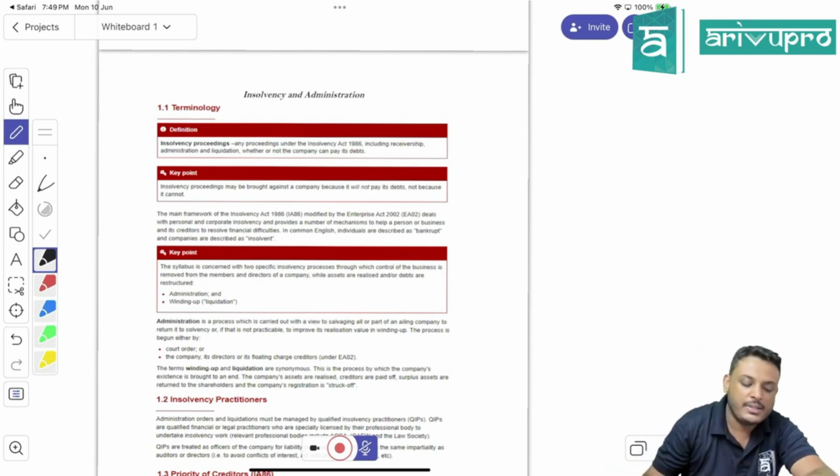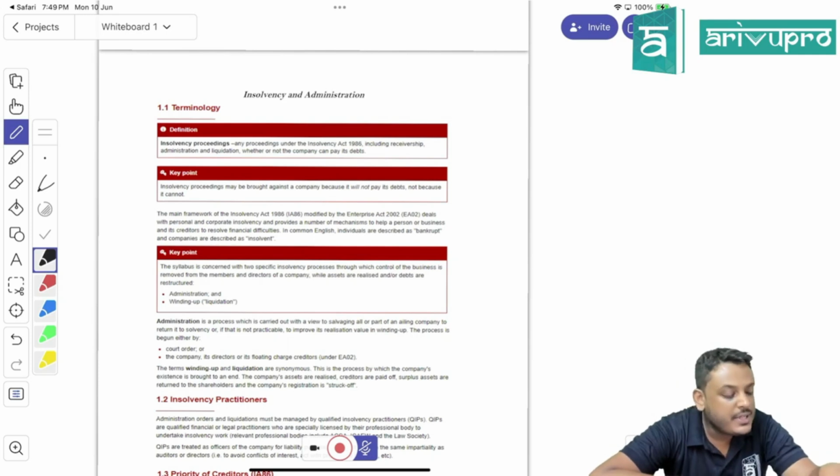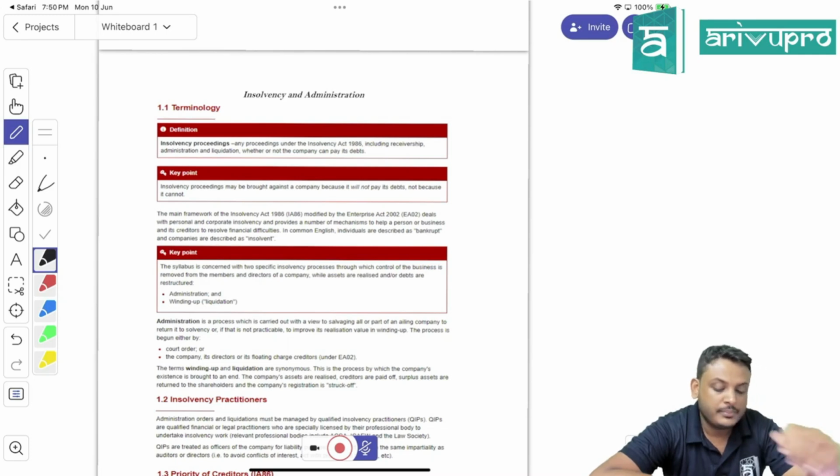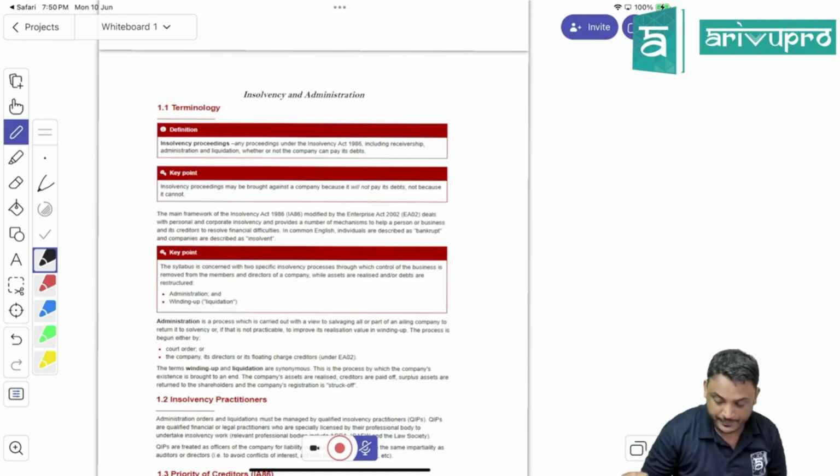Subheading, write down insolvency. Insolvency proceedings commence when an entity is unable to pay its debts due to going concern problems, write down working capital issues.